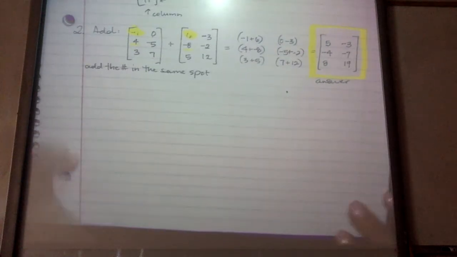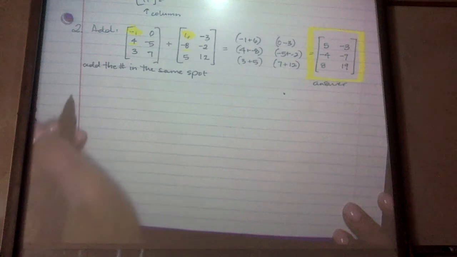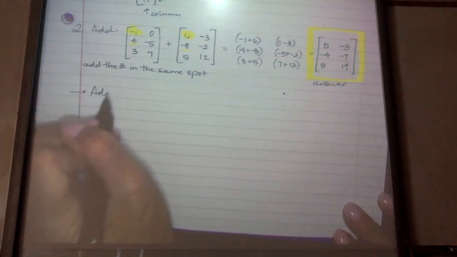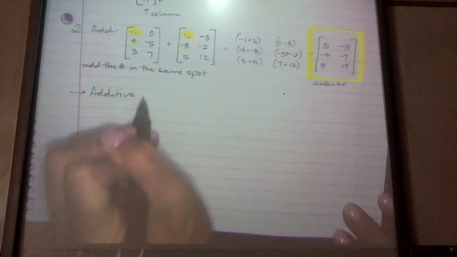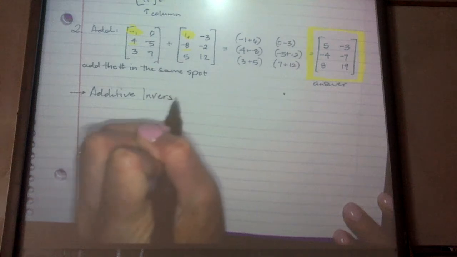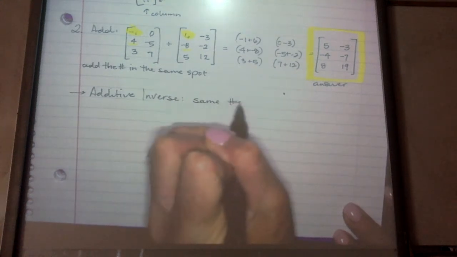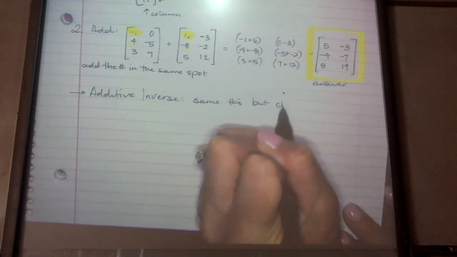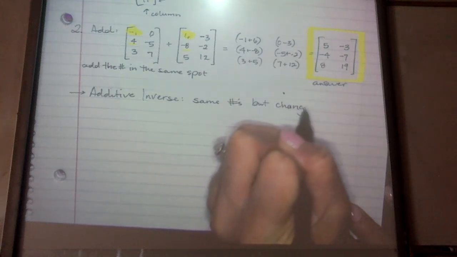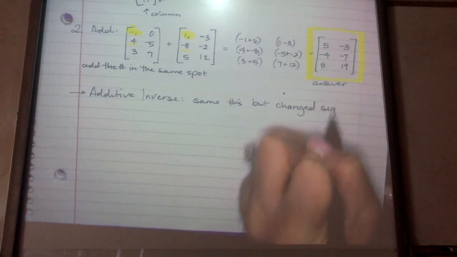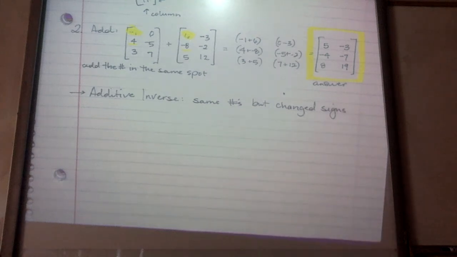Next thing we're going to go over is what is an additive inverse. An additive inverse is the same numbers but changed signs. Okay?